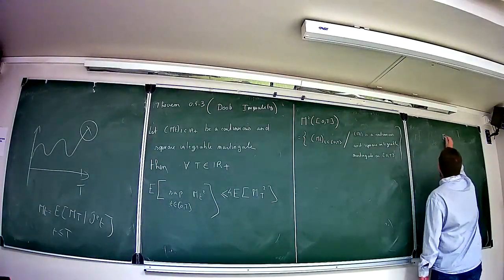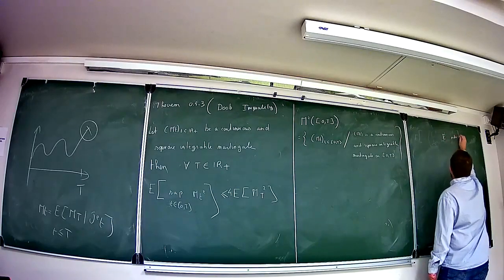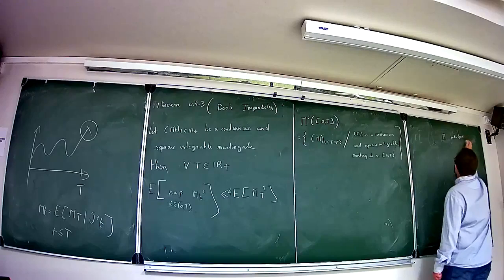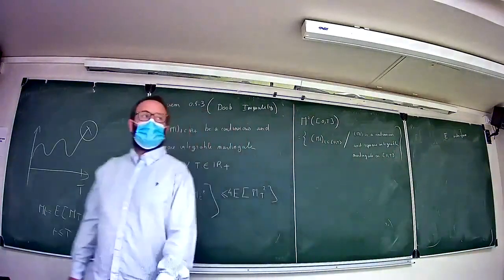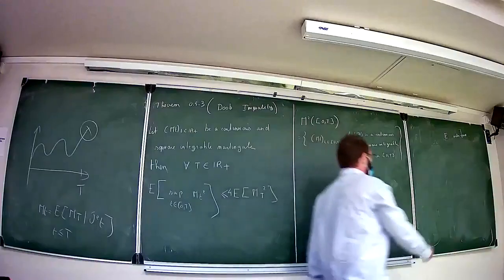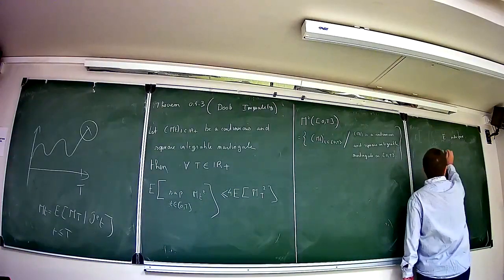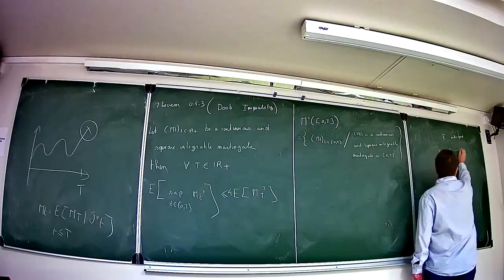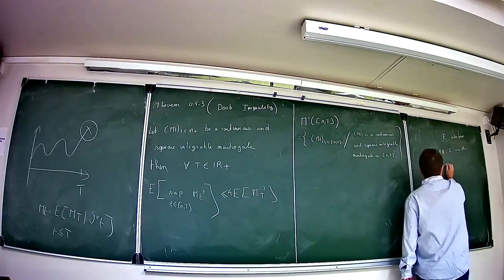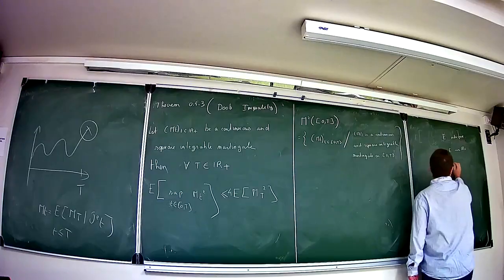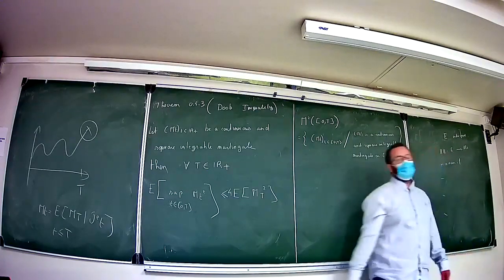So when you have E, that is a vector space, what is a norm on E? So this mapping from E to R plus is a norm if, what? Two points for a norm.